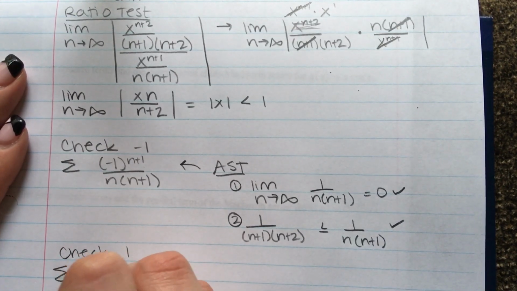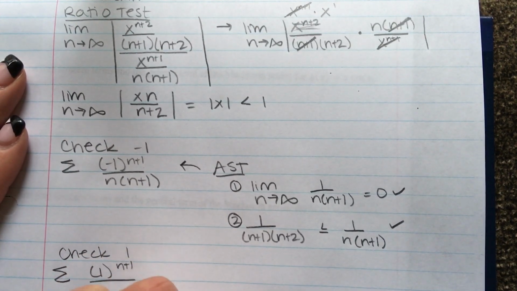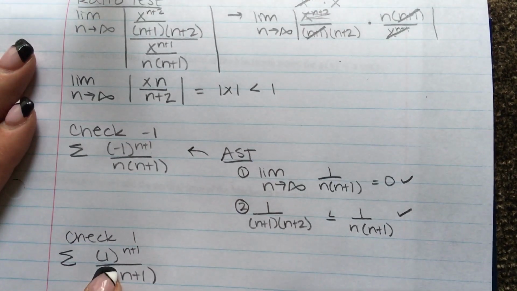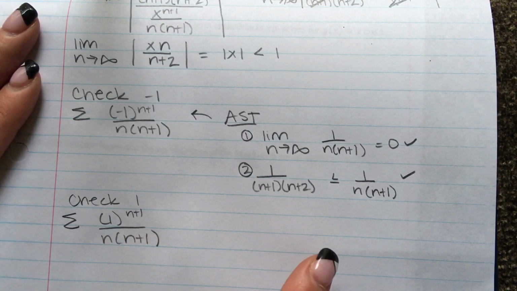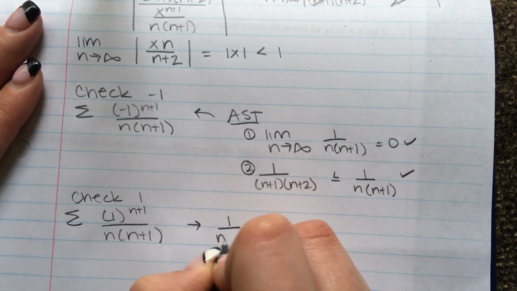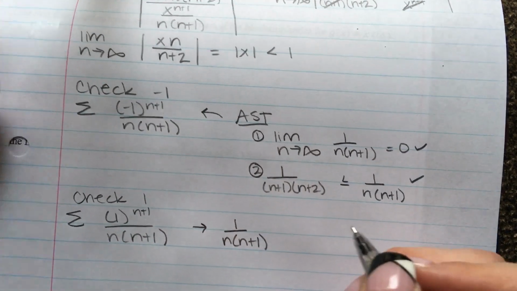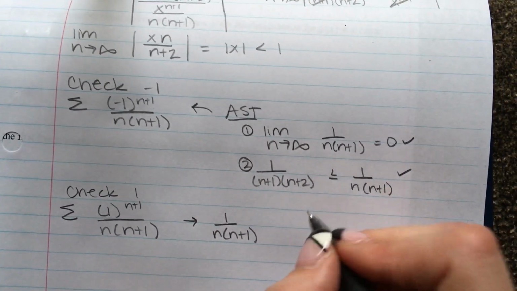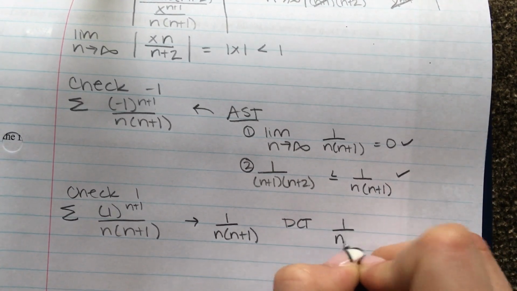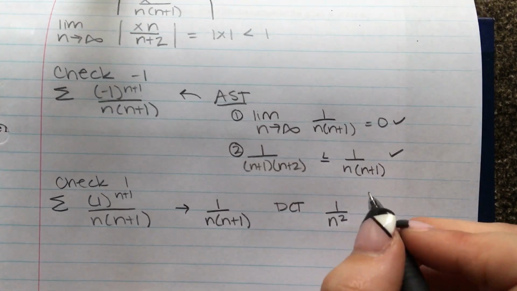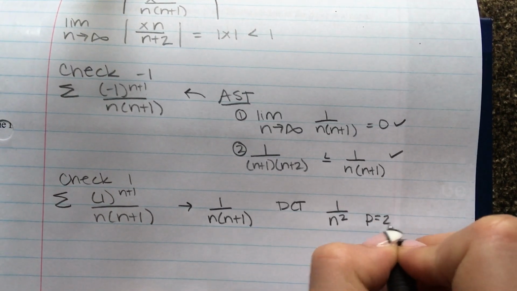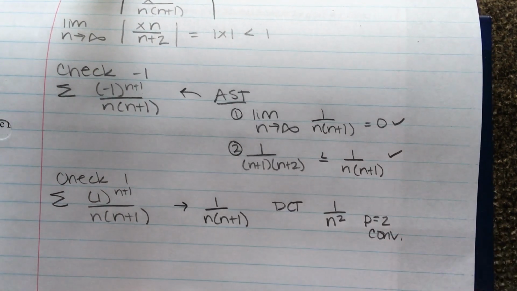So that leaves me with 1^(n+1) over n(n+1). So this top part over here is always going to be +1. So this is really 1 over n(n+1). And I'm going to go ahead and do a direct comparison test, and I'm going to compare this with 1 over n squared. And I know that 1 over n squared, that's a p series where p equals 2, and I know that that converges.